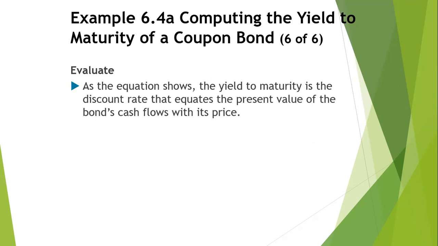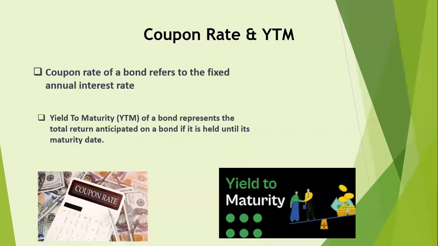Evaluate: as the equation shows, the yield to maturity is the discount rate that equates the present value of the bond's cash flows with its price. So let's review. The coupon rate of a bond refers to the fixed annual interest rate that the issuer pays to the bondholder.